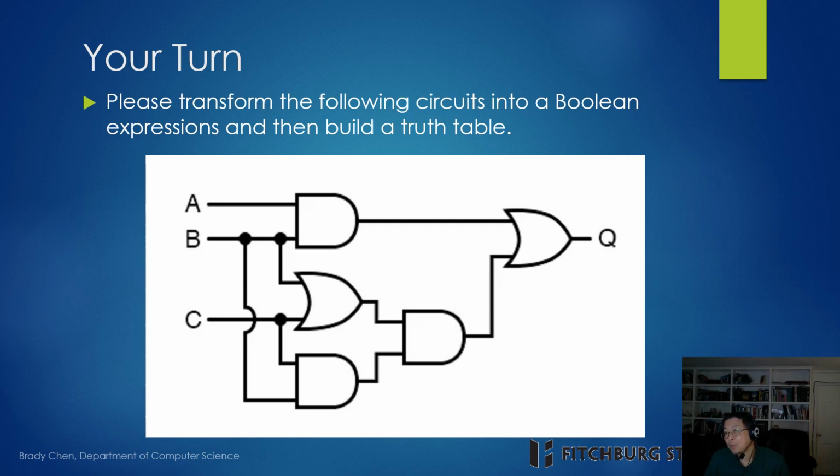I will post another thread on the discussion, so you can work on this problem and post your answer. It doesn't matter whether it's right or wrong, so we can share the answers and see each other's results.